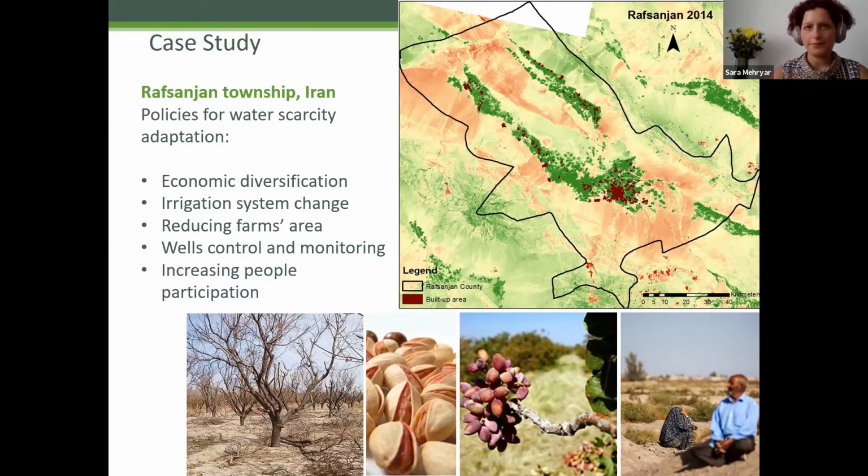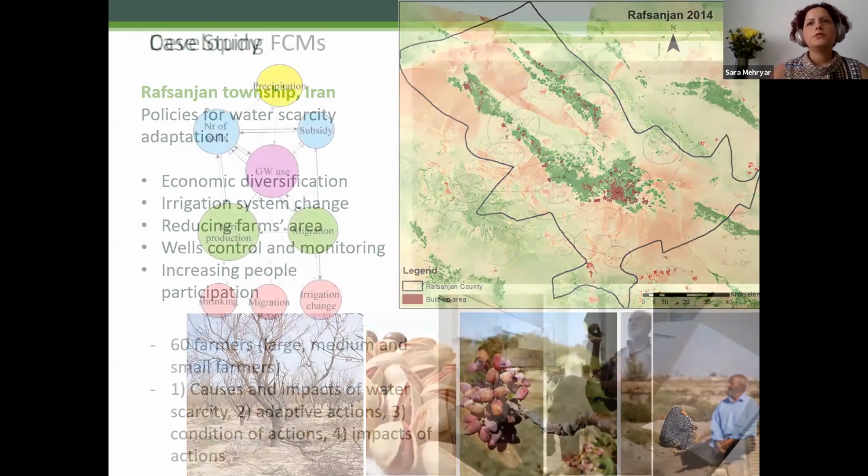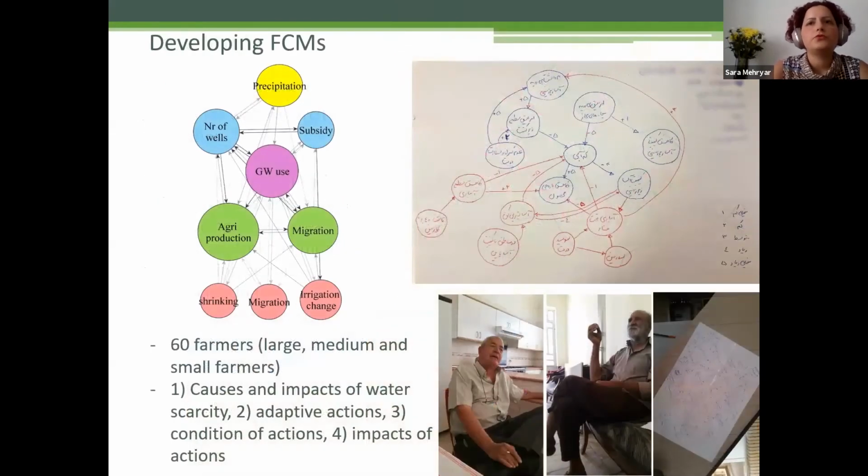the water scarcity. So we used fuzzy cognitive map to actually understand the adaptive actions of farmers, how they are adapting themselves to water scarcity.